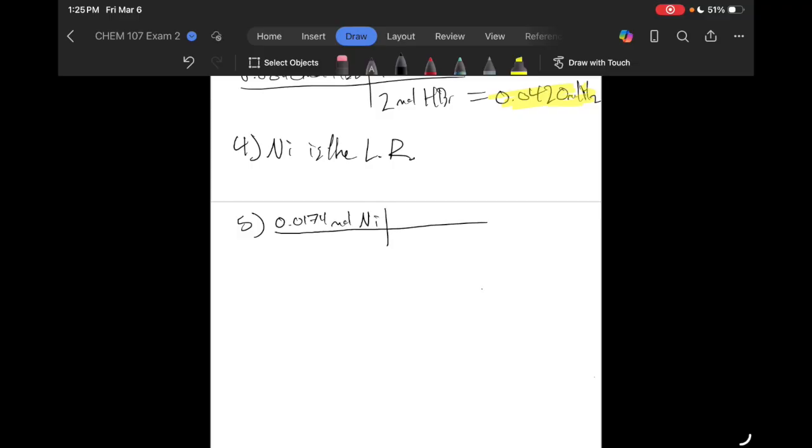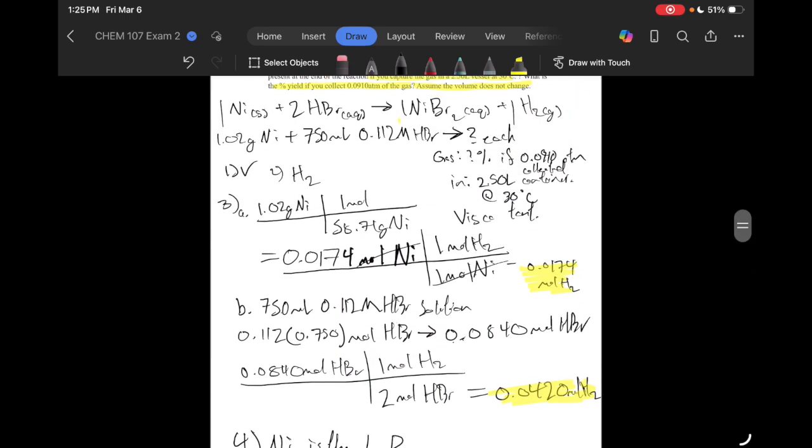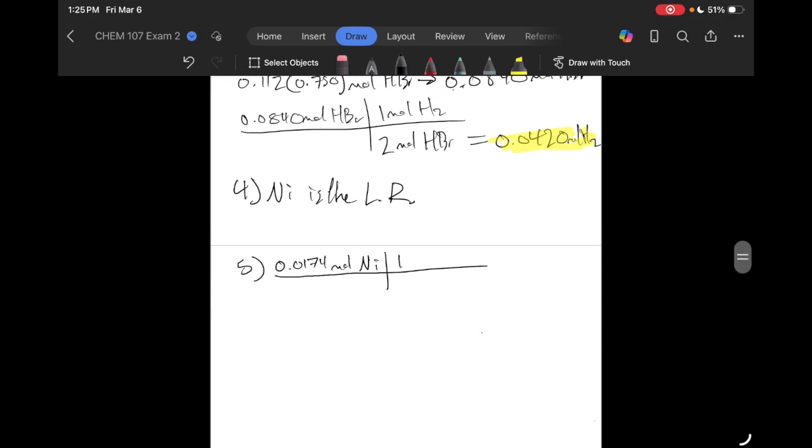And to convert that to moles of NiBr2, we use our molar ratio. So for every 1 mole of NiBr2, we have 1 mole of nickel. And something times 1 over 1 is just itself. So we have 0.0174 moles of NiBr2. Cool.